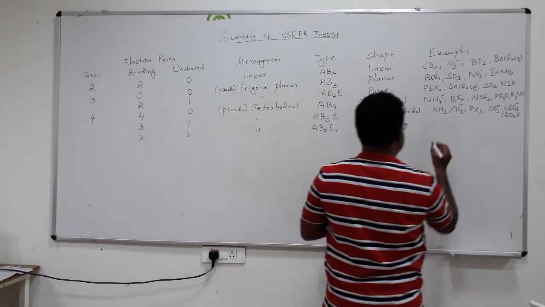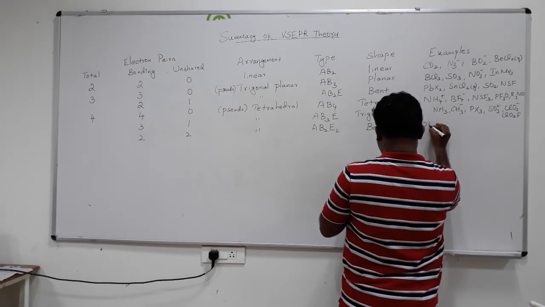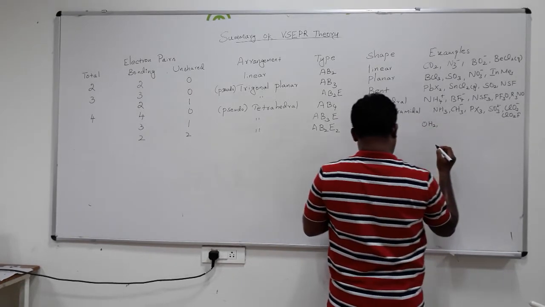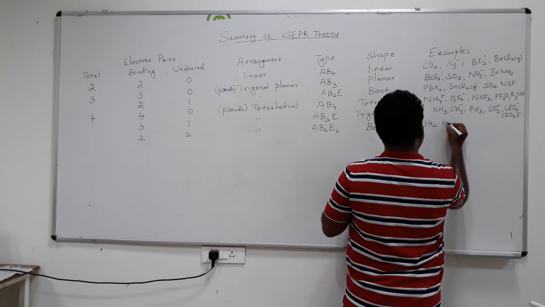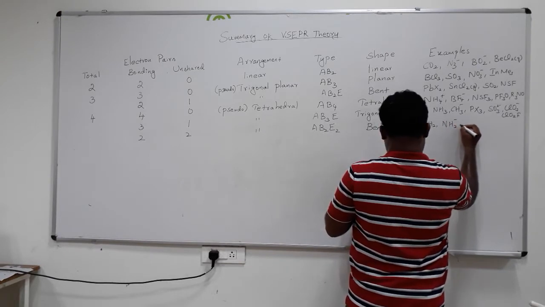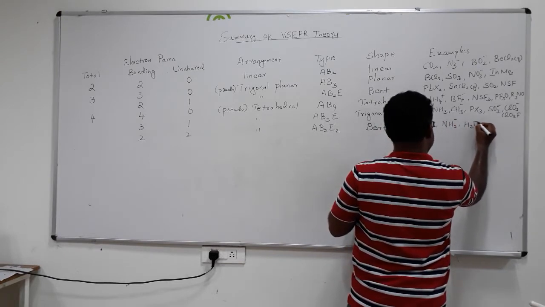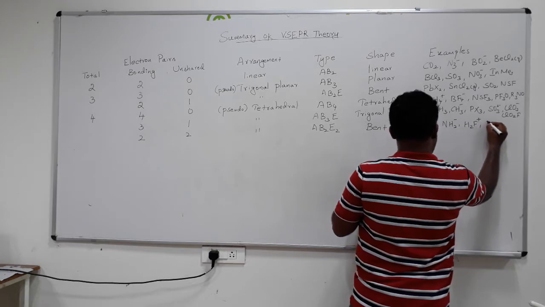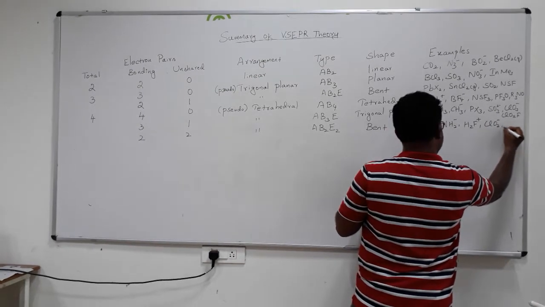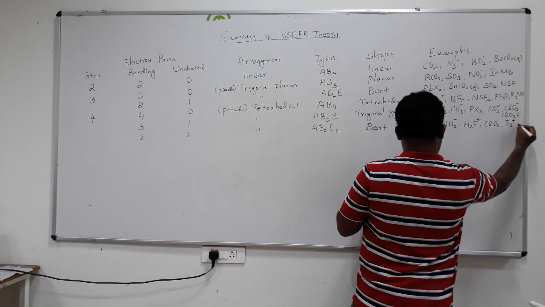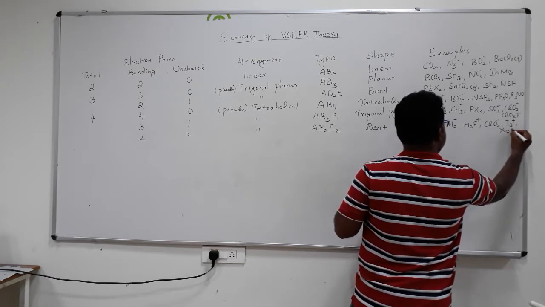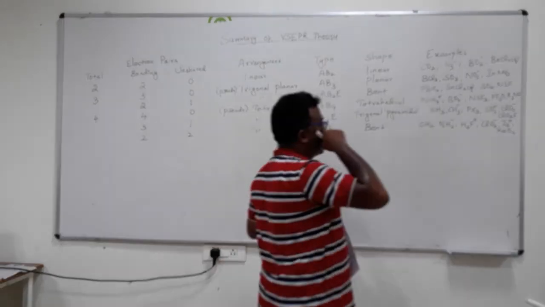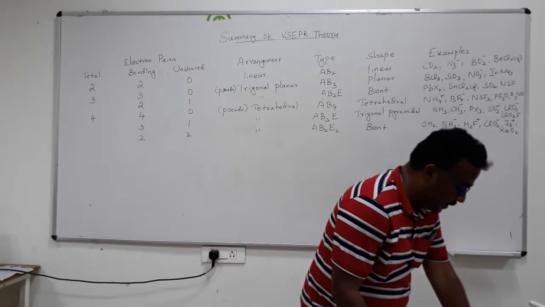Examples are the water molecule, NH2 minus, H2F plus, ClO2 minus, I3 plus, and xenon dioxide. These are some of the examples for bent geometry.